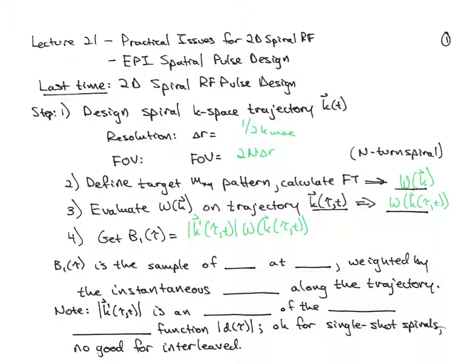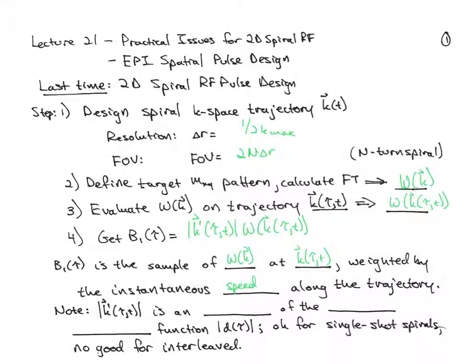Here, the b1 of tau is the sample of the k-space weighting function w of k at the location k of tau comma t along the trajectory, weighted by the instantaneous speed with which you're moving along the trajectory.